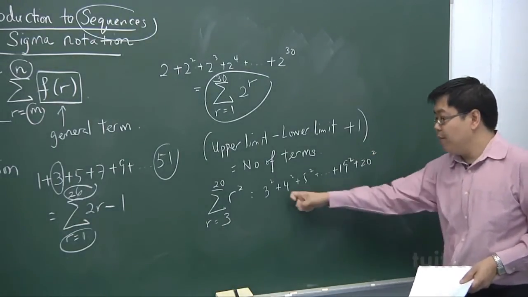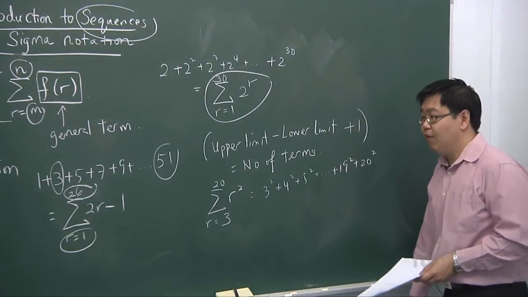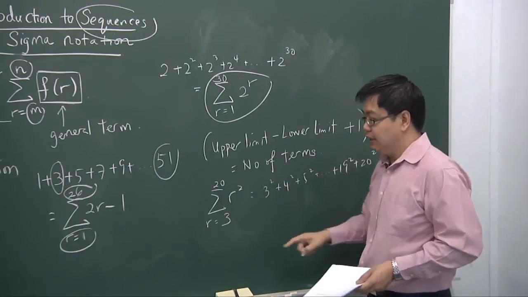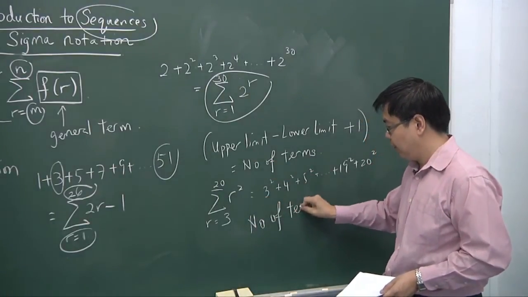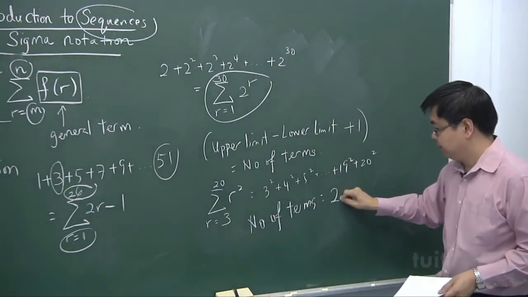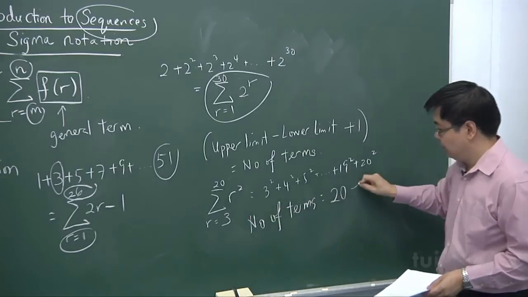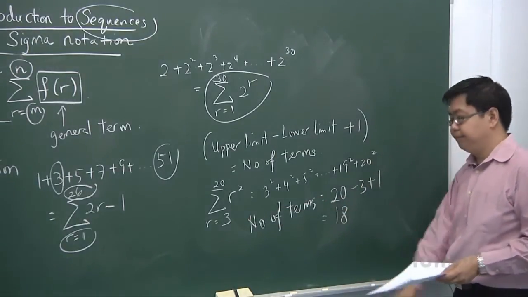Now how many terms are there? You can choose to start counting, or you can look at this formula. The number of terms would be 20, which is the upper limit, minus the lower limit, plus 1. So that gives me 18.